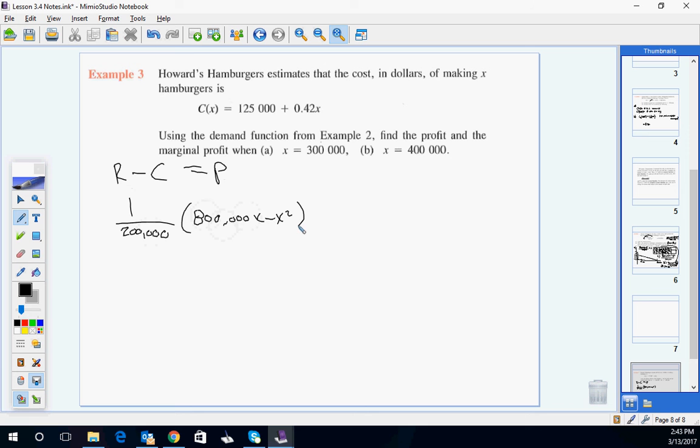Our cost they gave us. Then for A, we want to figure out the marginal profit when X is 300,000. So what do you think marginal profit is going to mean?